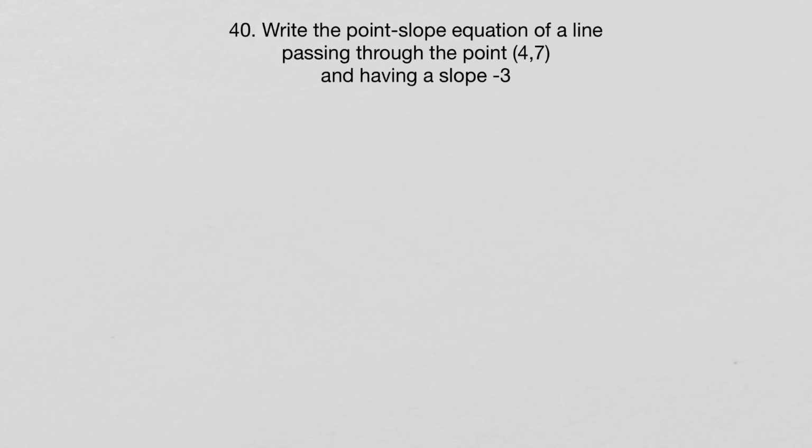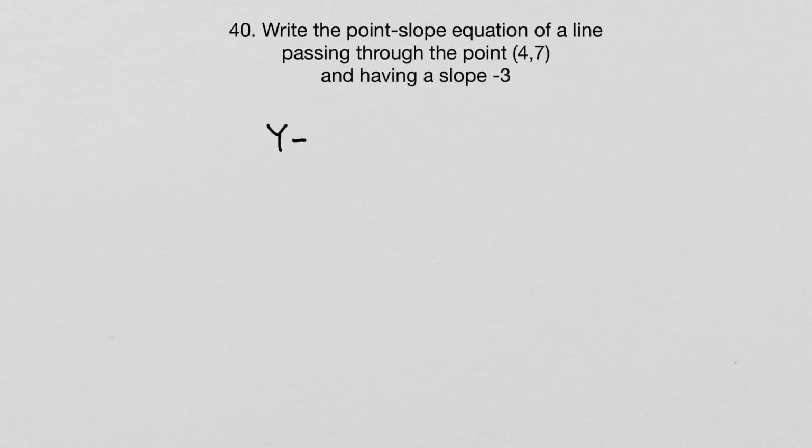Question 40. Write the point-slope equation of a line passing through the point (4, 7) and having a slope of negative 3. To solve this, you have to remember the point-slope formula.